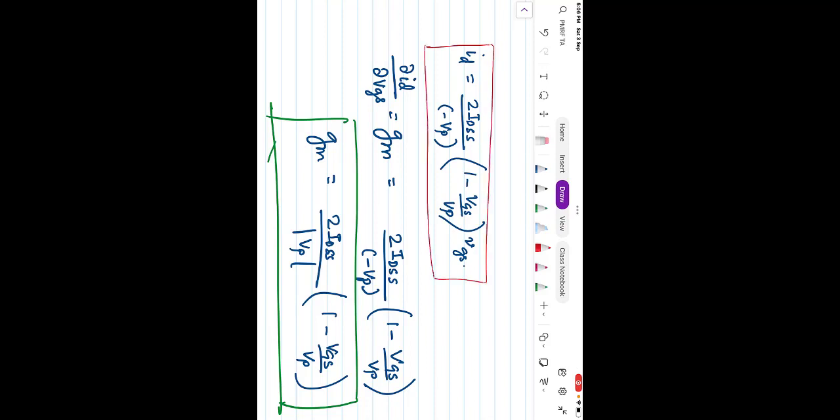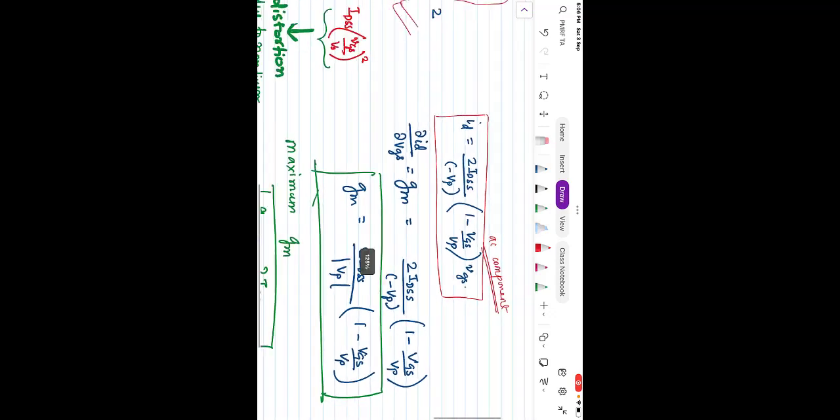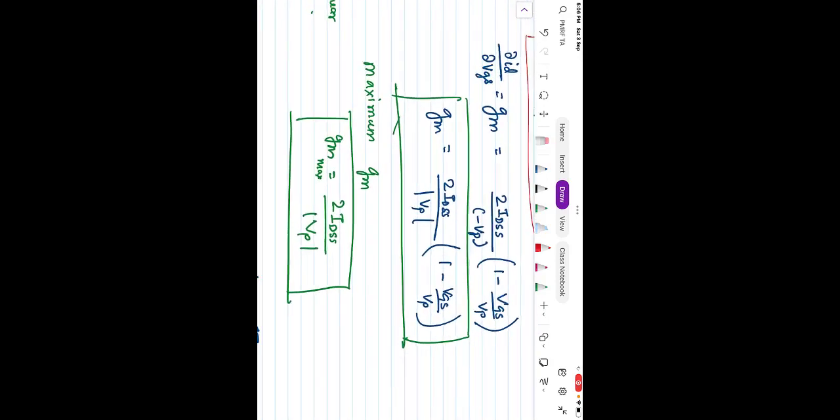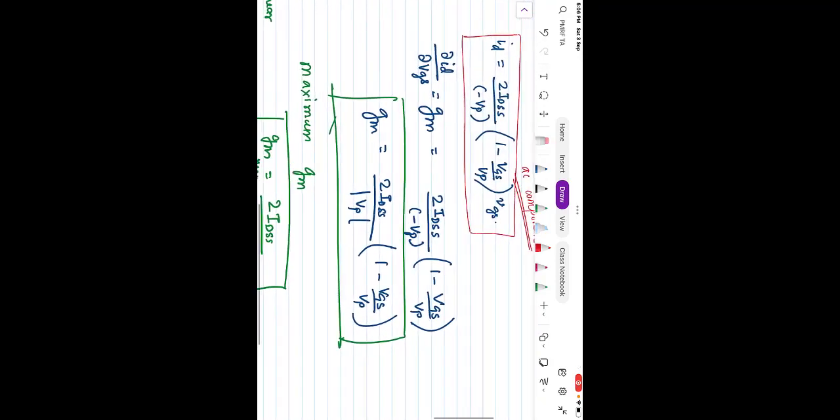This is nothing but the AC component that I have written. So the small id, the AC component that we had got here, this is what I have written. Now delta ID by delta VGS, we can find the transconductance from here, and that comes out to be this. Now since gm is a positive quantity, we will be using this.